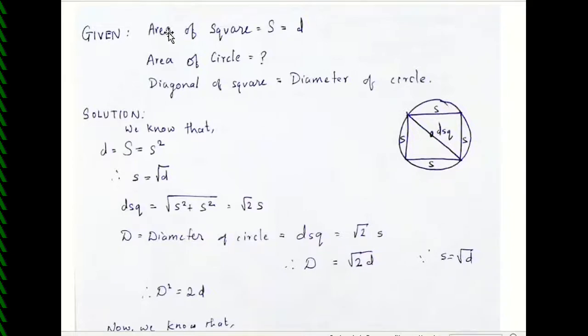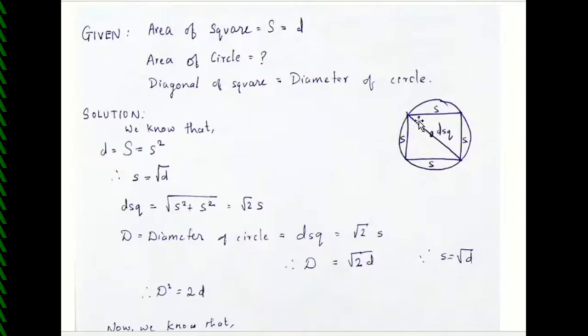The area given is the area of square, that is D, and I've taken it as S. I don't know why, it's just an extra variable here. The area of the circle is what we have to find, and one more thing that's given is the diagonal of the square is equal to the diameter of the circle.